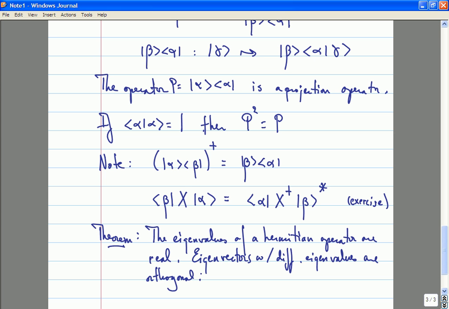This is why Hermitian operators are the right things to use to represent physical observables.